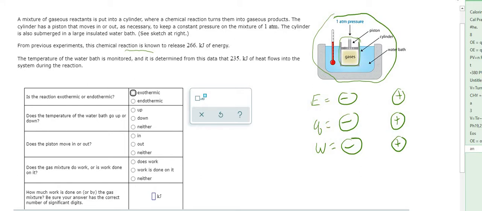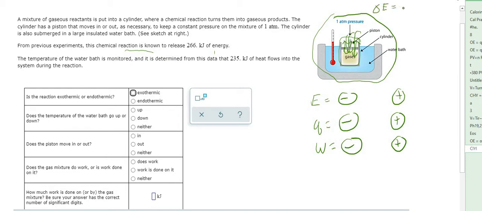If the system does work on the surroundings, it's going to push that piston out. Okay, and finally, if work is being done by the surroundings on the system, then that's going to push that piston in.